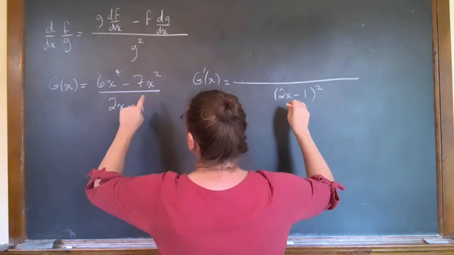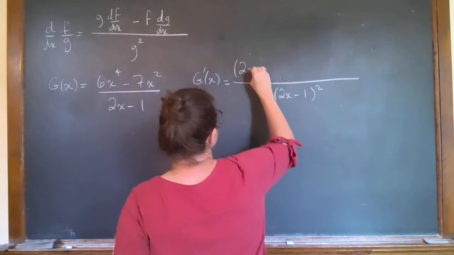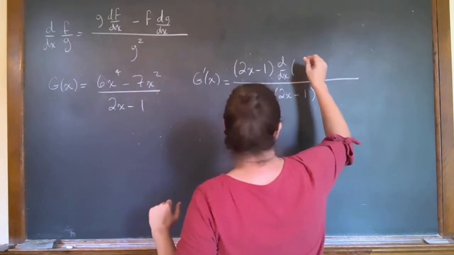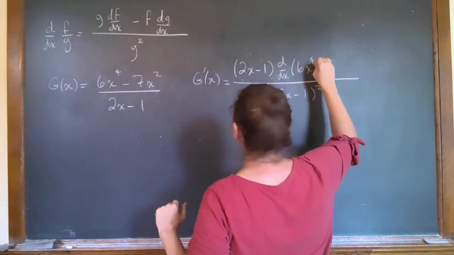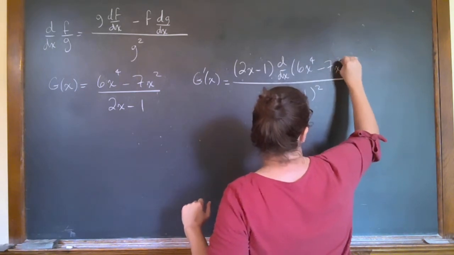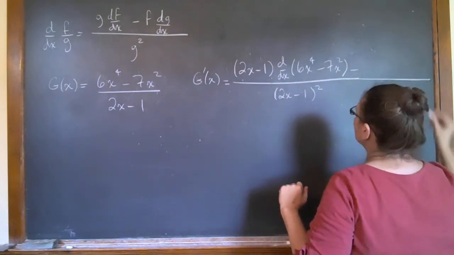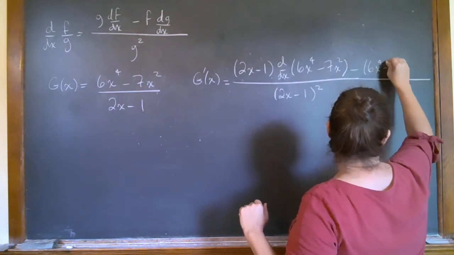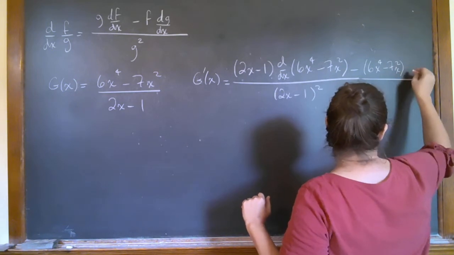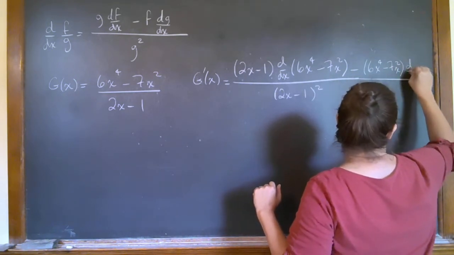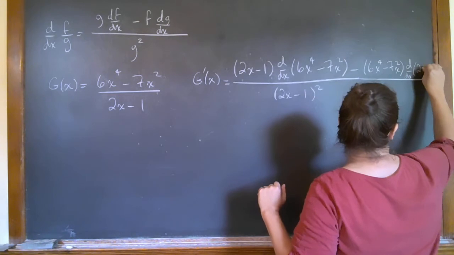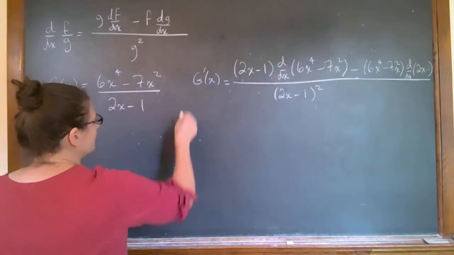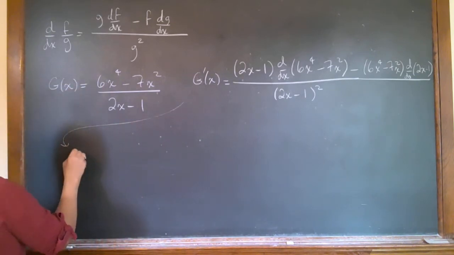And then I've got the bottom times the derivative of the top minus, whoop, the top. I didn't leave enough space. I'm going to scrunch it in here. 2x minus 1. Okay.